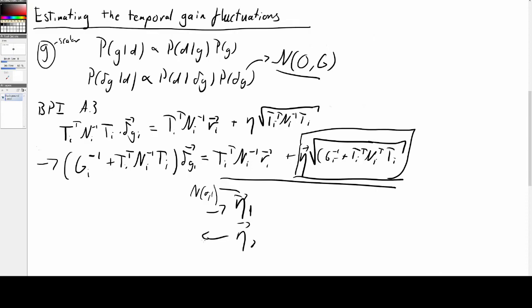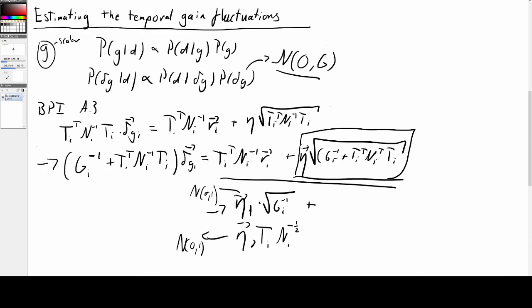We're drawing two of these, both from a normal with unity variance, and then multiplying this one with the square root of G inverse, and this one with T_i and the noise matrix to the -1/2, adding those two together.